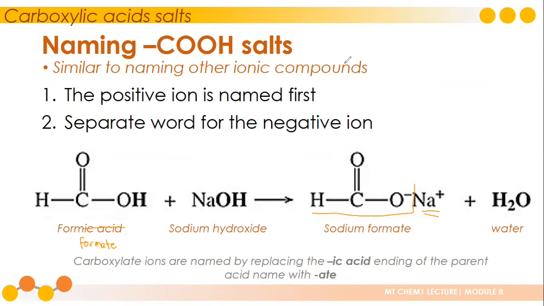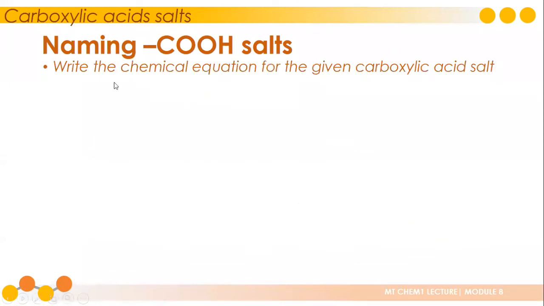Now let's try to have this exercise wherein we will be writing the chemical equation for the given carboxylic acid salt. In the past exercises, we are identifying the product. We are naming the product of the reaction. In this one, we will be identifying what are the possible reactants that produce this carboxylic acid salt.